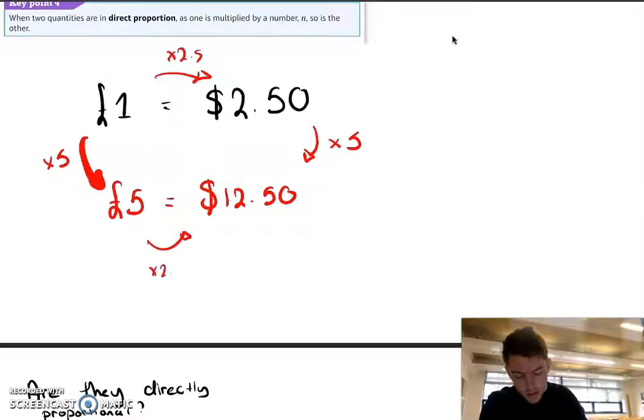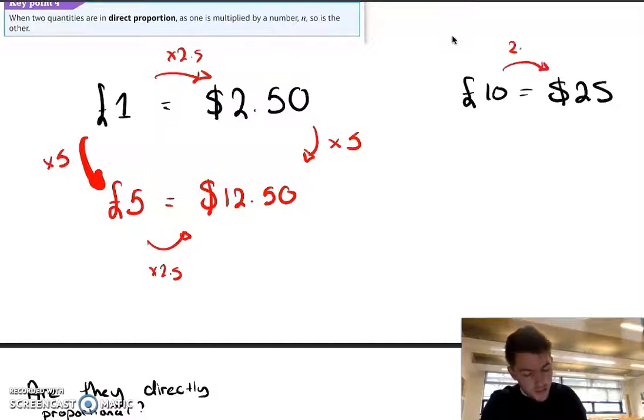So by that logic, £10 has to equal $25, multiplied by 2.5. So they are directly proportional.